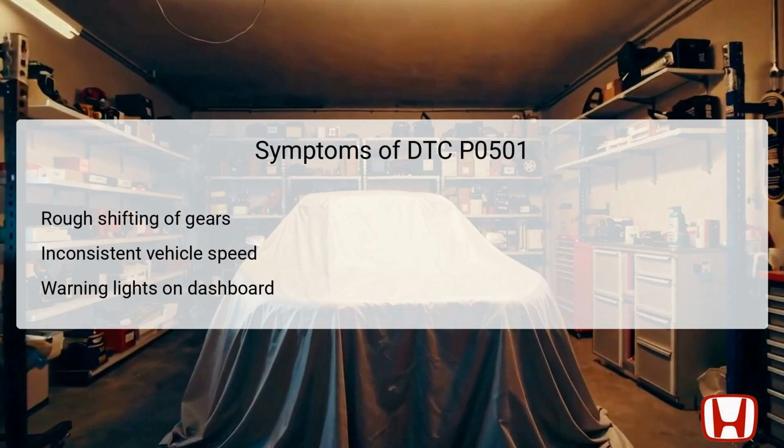Another common symptom includes the illumination of warning lights on the dashboard, alerting the driver to a potential malfunction within the CVT system. Understanding these symptoms not only assists in accurately diagnosing the issue, but also in determining the urgency of the required repairs. Identifying these warning signs early can help prevent further damage to the vehicle's transmission system.